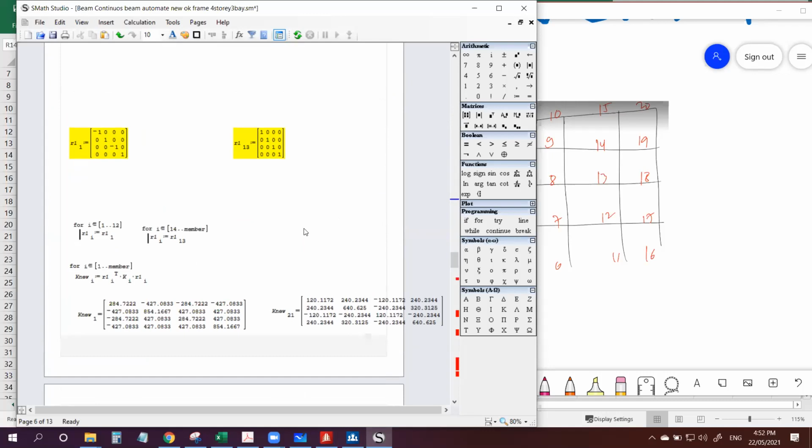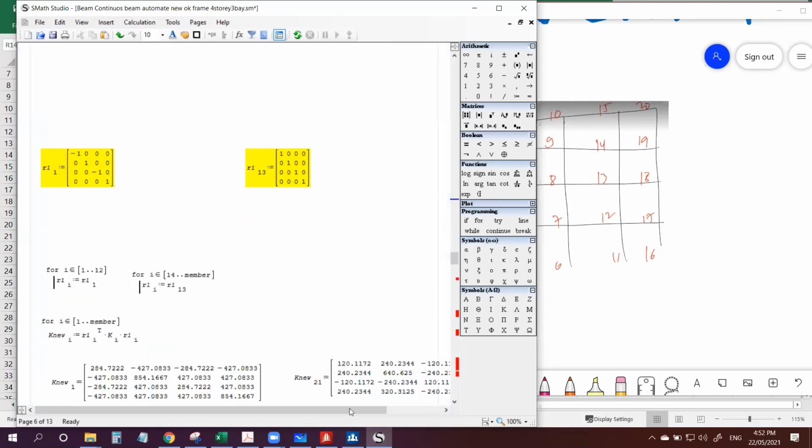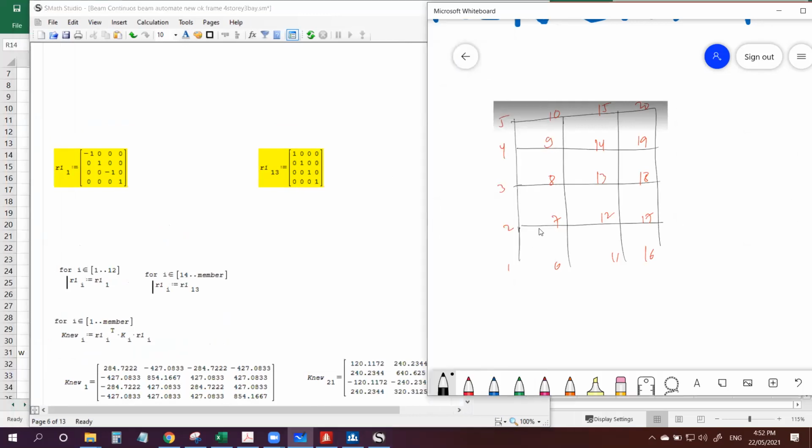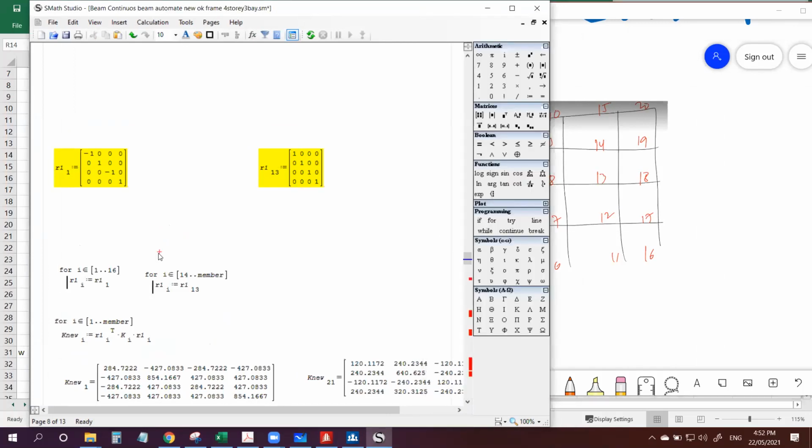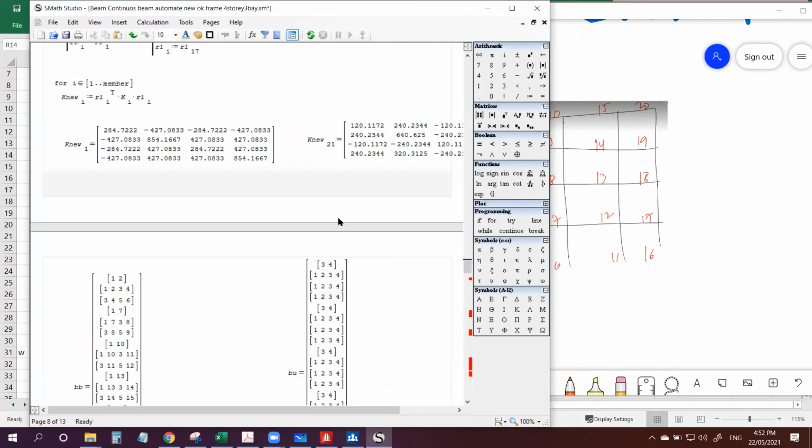Okay, maybe later. Let's focus here on the transformation matrix. The columns are 1, 2, 3, 4, 5, 6, 7, 8, 9, 10, 11, 12, 13, 14, 15, 16, up to 16. Therefore, this will be 17. Then this will be 18. And this will be 17.